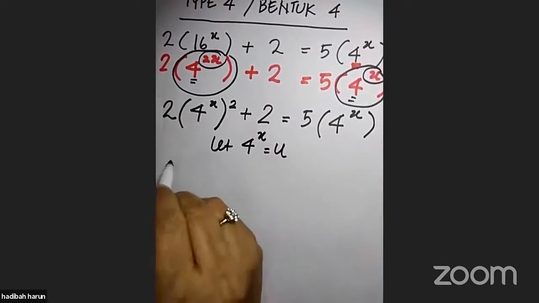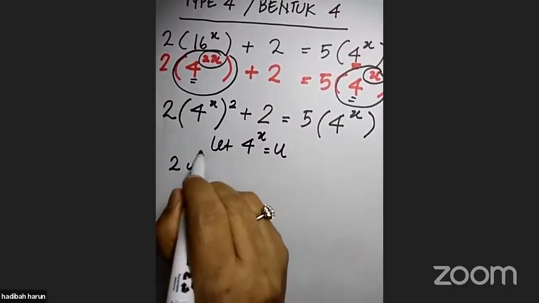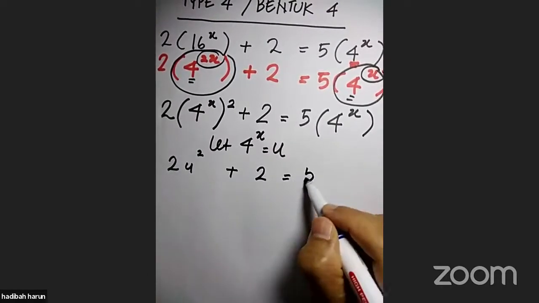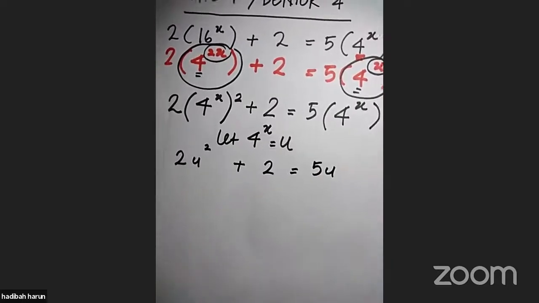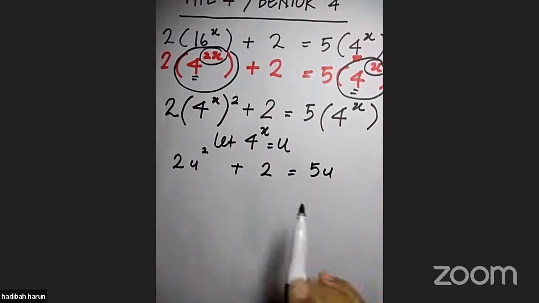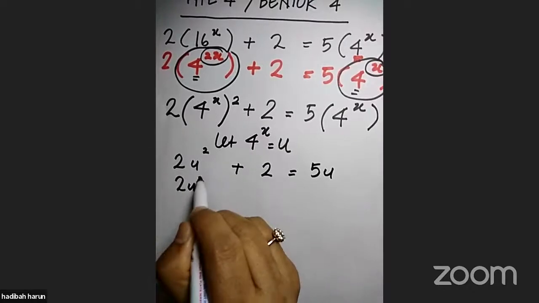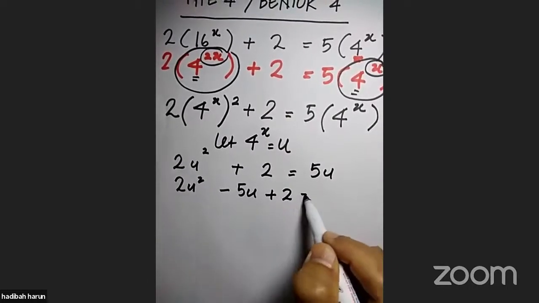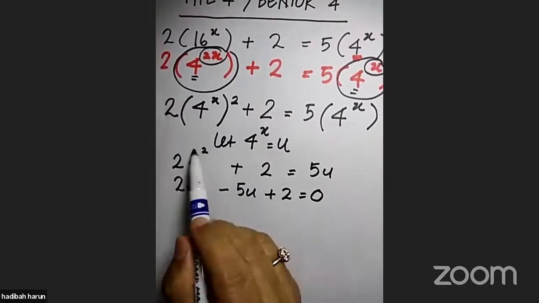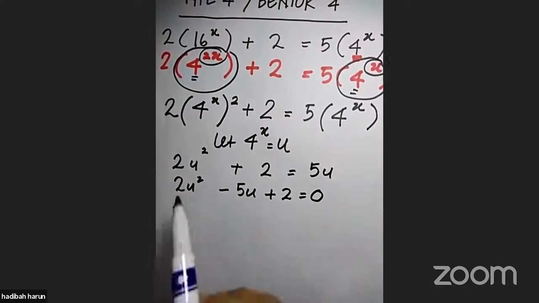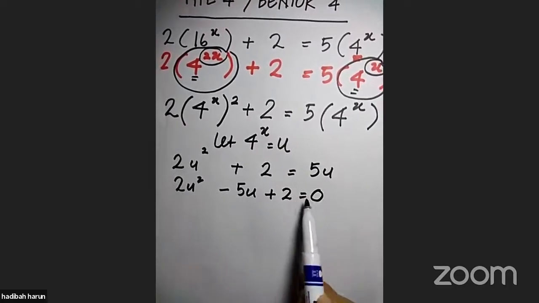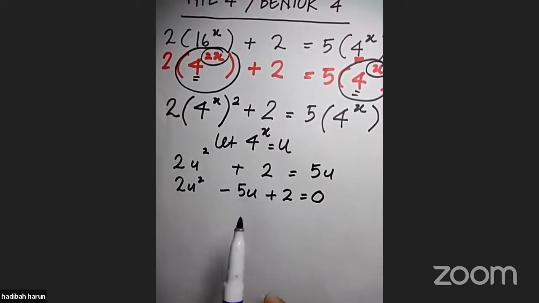So you will get the quadratic equation 2u squared plus 2 equals to 5u. It is not a quadratic equation until you have expressed it in its general form, where the power is 2. We revise a bit: a quadratic equation has only 1 variable, the highest power is 2, and it must be equal to 0. These are the three characteristics of a quadratic equation.